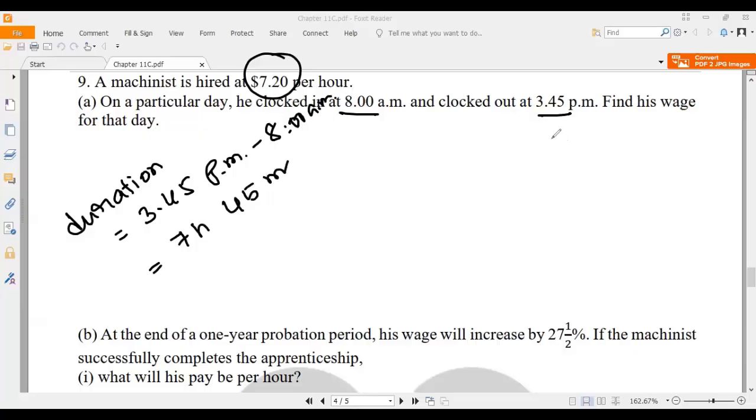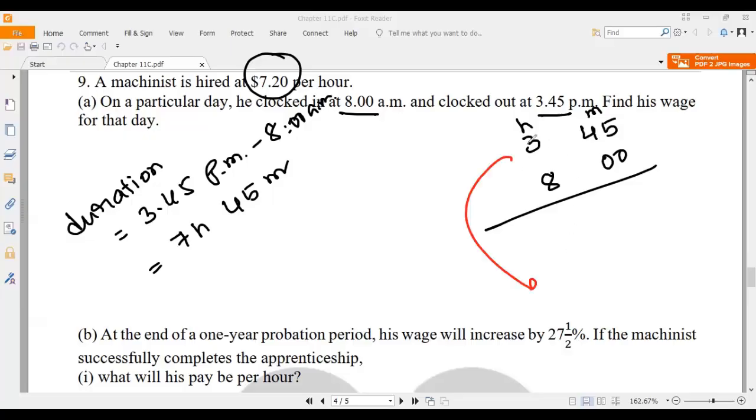In another way, we can find that: 3:45 means 3 hours, 45 minutes, and 8 a.m. means 8 hours, 0 minutes. So now we need to do the subtraction. 3 actually means 12 plus 3 because it is 3:45 p.m. If I want to convert to the 24-hour time system, it will look like this: 12 plus 3, that is 15:45, and 8:00.